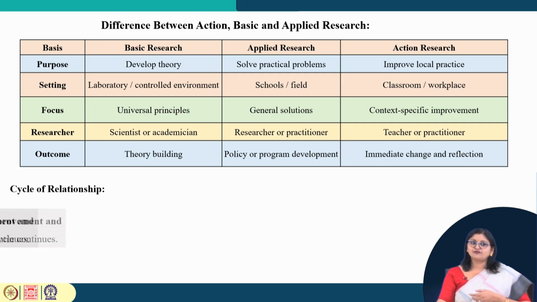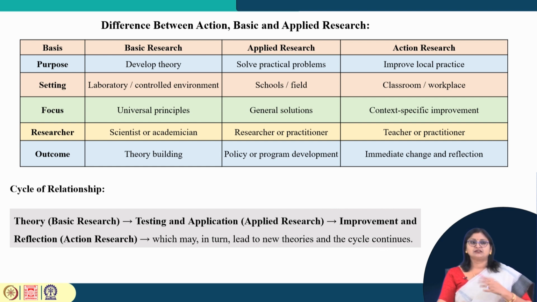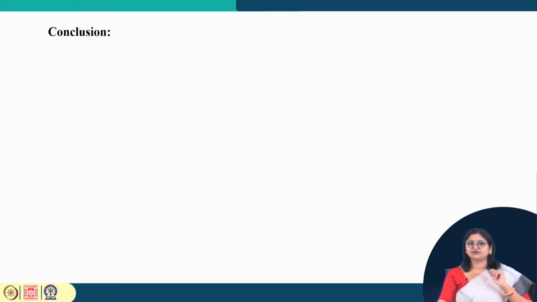So, the cycle of the relationship of the three types of research: theory is basic research, testing and application is applied research, improvement and reflection is action research, which may in turn lead to new theories and the cycle continues.